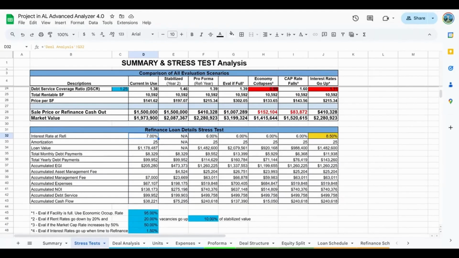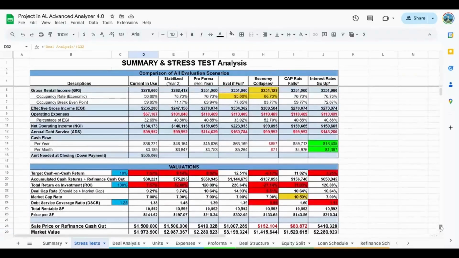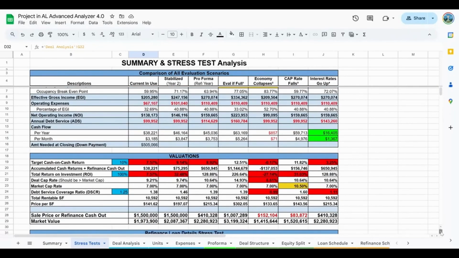So now let's see what to look for in these different economic situations for the valuations. Under the valuations, there's certain benchmarks we want to hit. The first row here is our target cash on cash return, and that is the cash on cash return for the year.